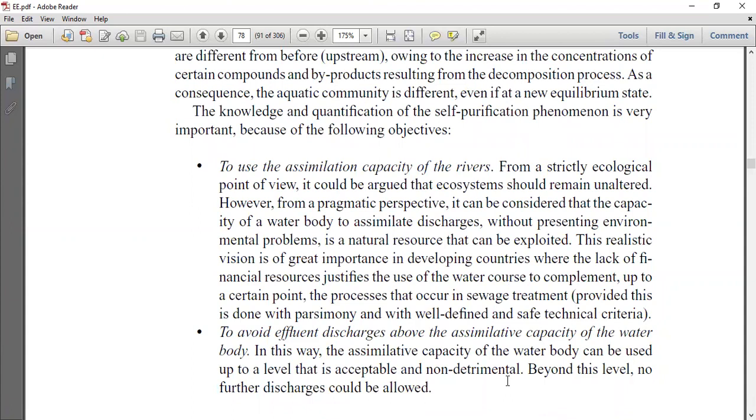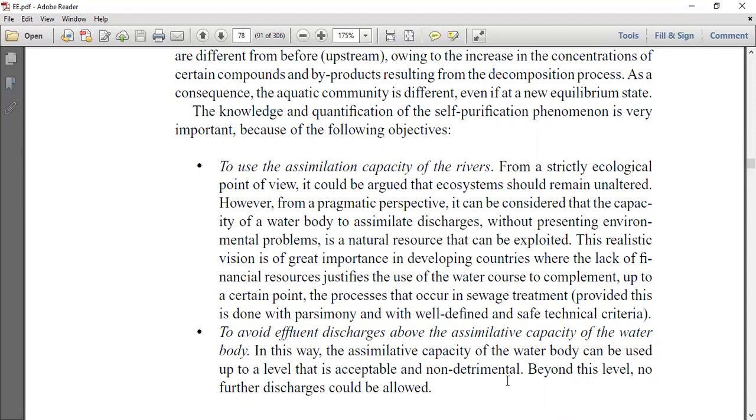Similarly, the assimilating capacity of the water body is its capacity to take up the pathogenic bacteria and pollutants thrown into the river, which the water consumes and dissolves.